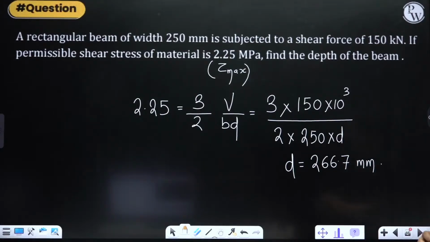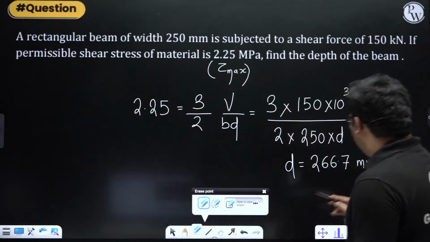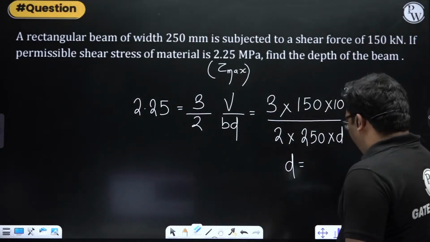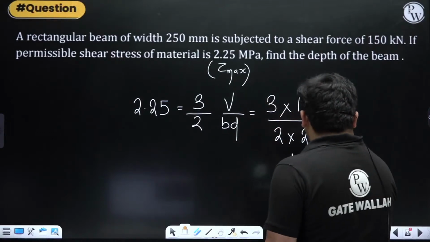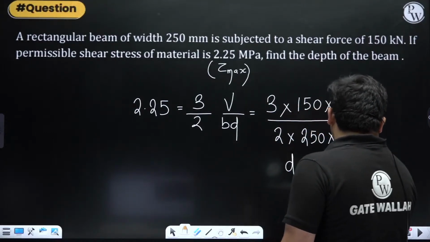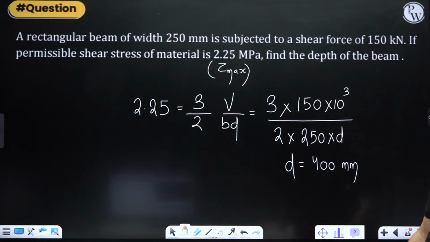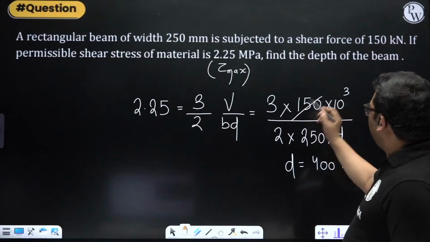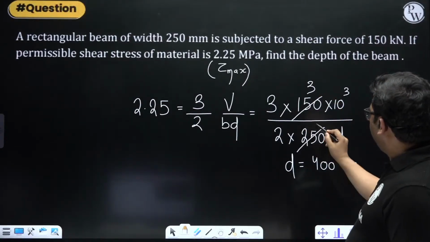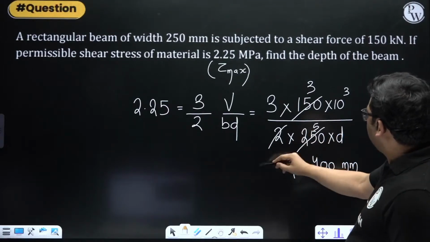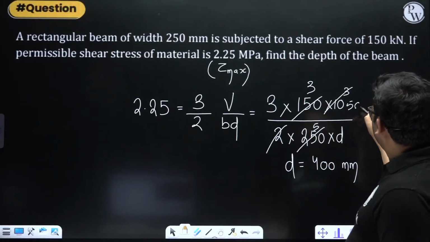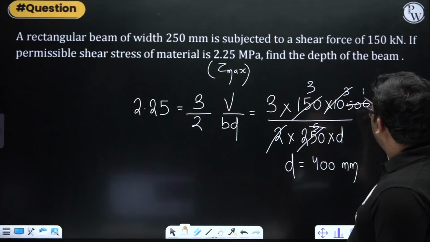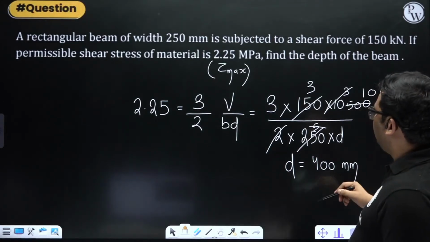I'm getting 400. Check what mistake you did. We'll get 400. You see, if you calculate without a calculator also, 3, 5, right? This is 500, right? And then 100.